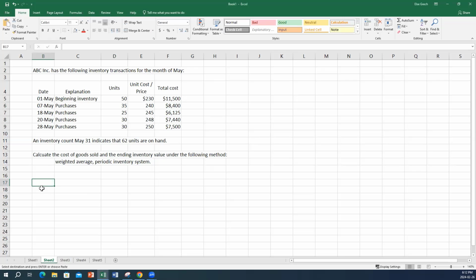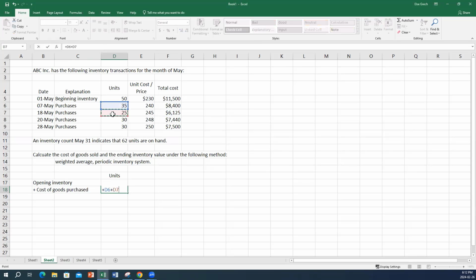We start by determining the opening inventory. And I'm going to do it in units. All right, opening inventory is 50 units. Now, we're then going to add in the purchases. And in this case, I'm doing the units.